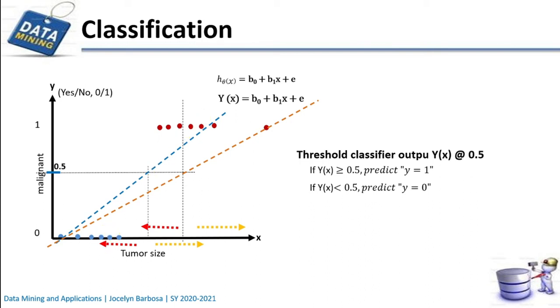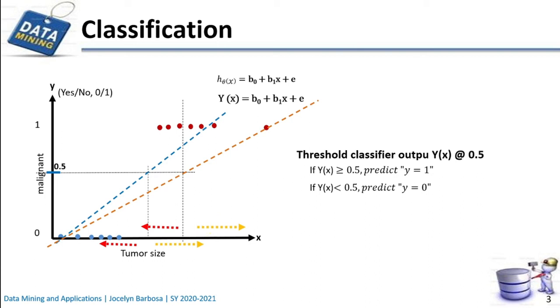But by adding another training sample way right here, which would be classified as malignant, somehow this sample caused the line of hypothesis to change, and thus gave us a not good hypothesis, as these guys here will be classified as non-malignant. See here? So applying linear regression to a classification problem is most of the time not a good idea, as we have seen in this illustration.